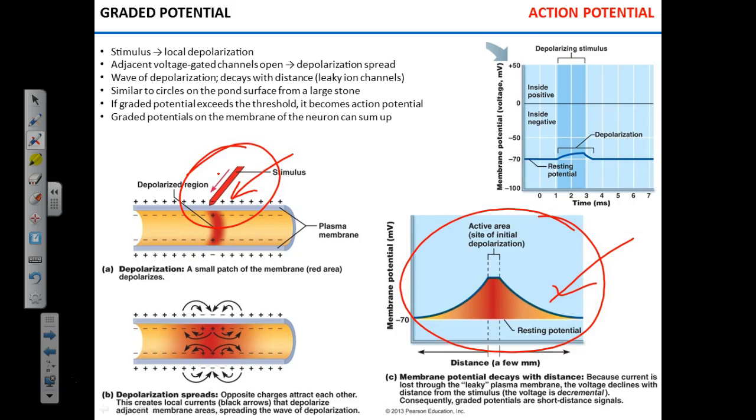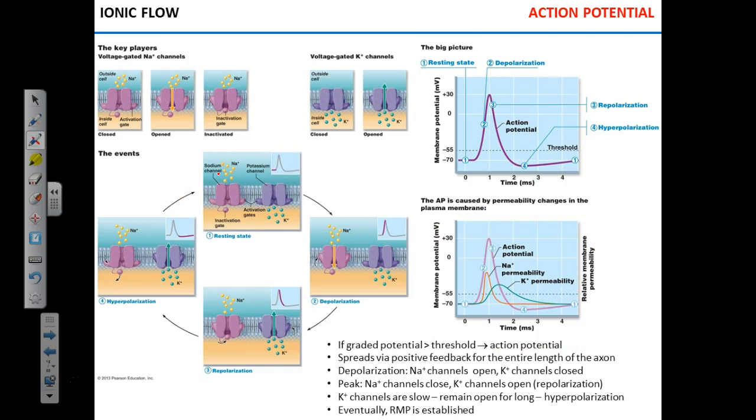We have a self-propagating signal that travels down the axon. And another important thing about graded potentials, they can sum up. They can add to each other. We're going to talk about it as well. So with this in mind, we will start talking about action potential.